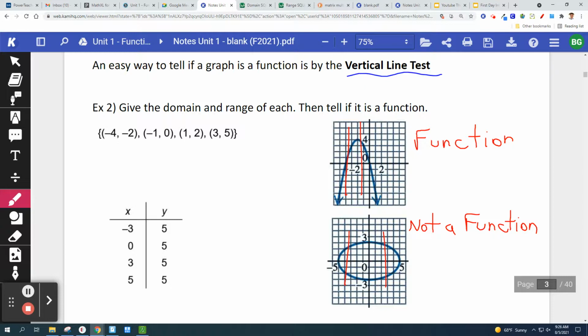For instance, this corresponds with the x number of 3. 3 splits and hits one time up here and one time down here. That's not a function. All right, so give the domain and range and tell if it's a function. Well, let's do it backwards. All these are different, so that's a function.